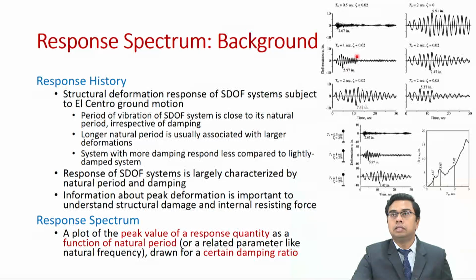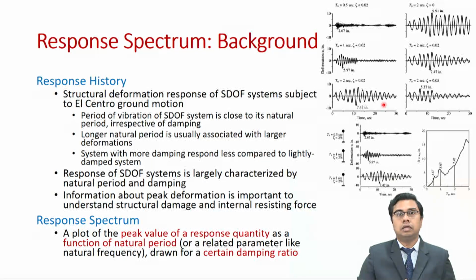For example, the system with a natural period of 2 seconds has a period of vibration which is roughly 2 seconds, if you carefully observe this plot. We have earlier seen in the last class that the damped vibration of any structure occurs at the damped natural frequency or damped natural period, which is slightly different from the undamped natural frequency or period.